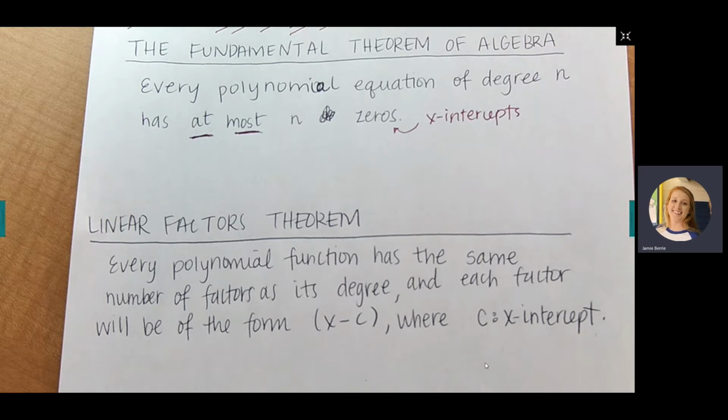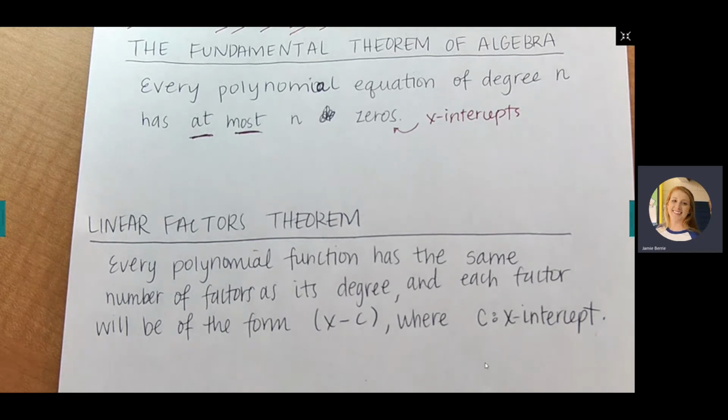So every polynomial function has the same number of factors as its degree, and each factor will be of the form x minus c, where c represents the x-intercept. And the minus is important. We've dealt with this a couple of times, and we'll see in just a second how we might have to adjust for that minus. Just like before, we'll change those pluses to double negatives.